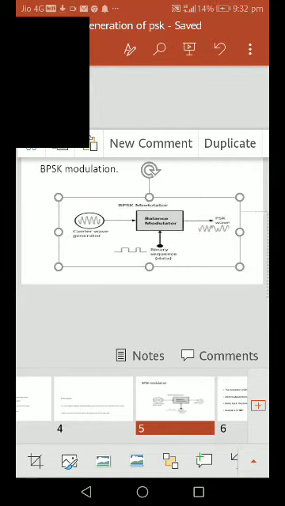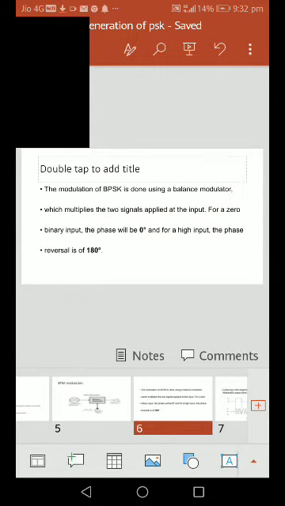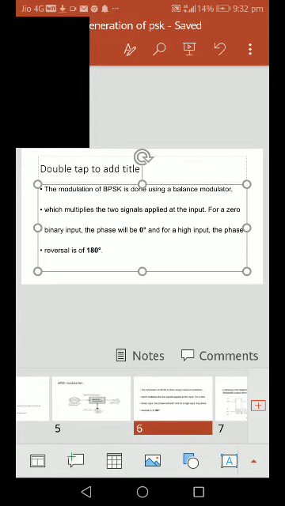In this fashion, the carrier is shifted according to the binary data. Modulation is done using a balanced modulator, which multiplies the two signals applied at the input.